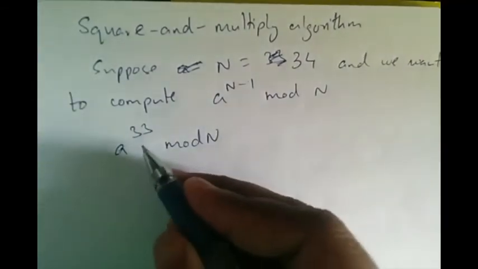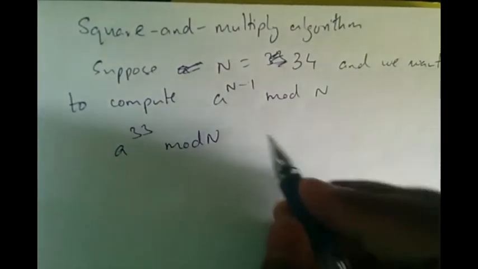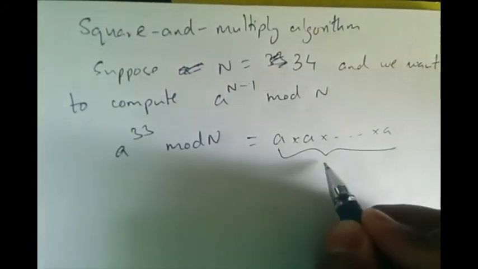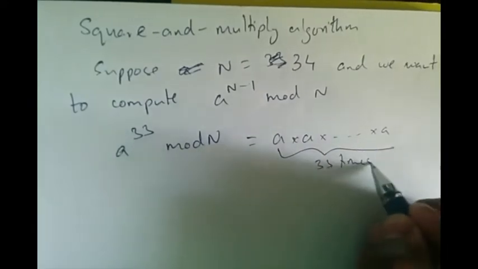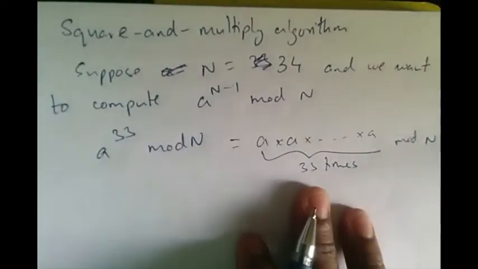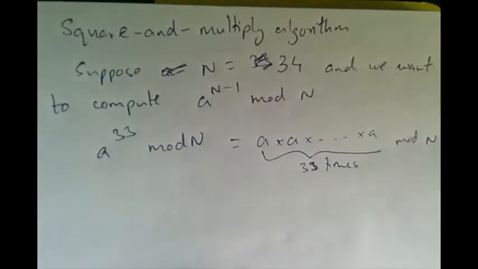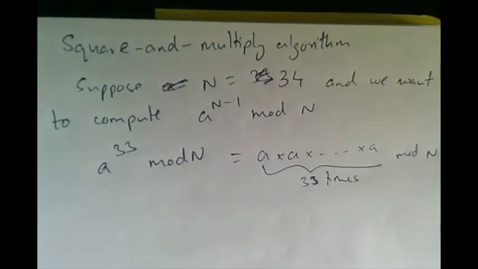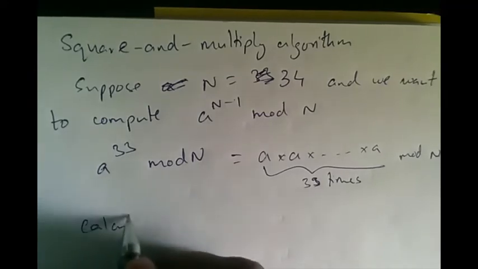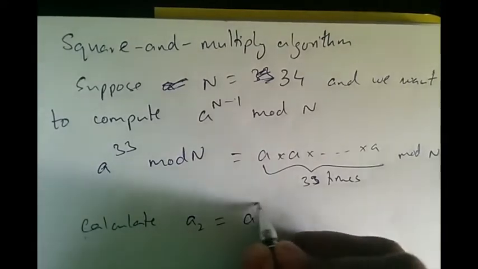It may seem that you have to do 32 multiplications: a times a, then times a, and so on. But we in fact don't need to do 32 multiplications. We can do square and multiply. From a, I first calculate a2, which is a square mod n.